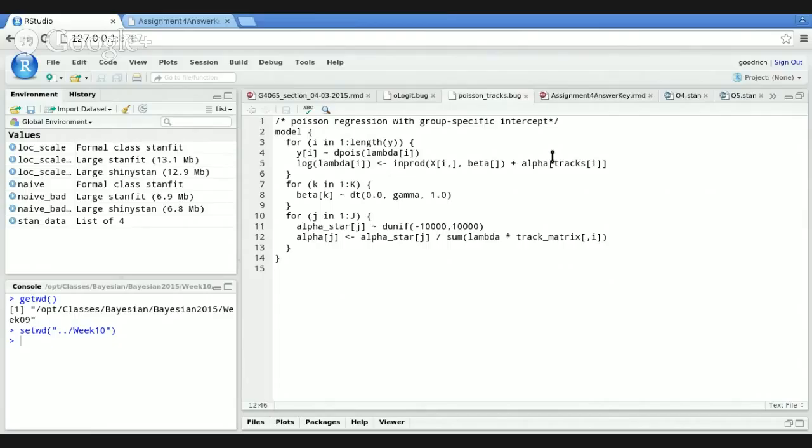So in any event, we don't have time to run these. They don't run particularly fast, and moreover, their efficiency is not appreciably better than our Gibbs sampler that we created like a month ago, maybe more than a month ago.